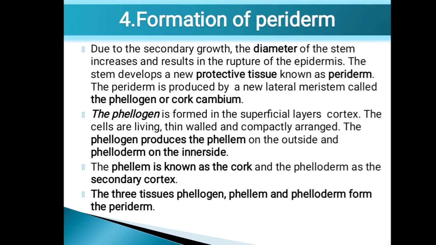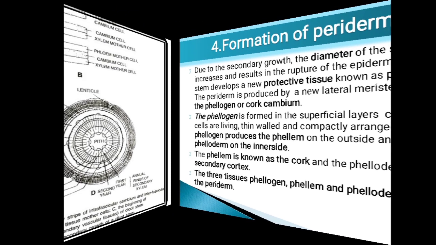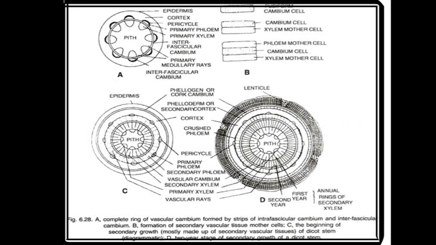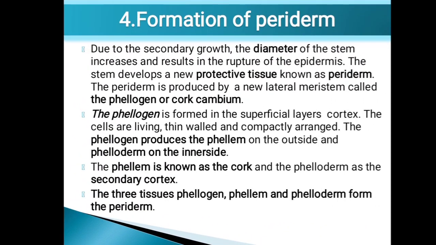So here you can see the development of the phellogen or the cork cambium. As a result, the cork is developed. Now the phellogen, which I told you is nothing but a cork cambium, is formed in the superficial layers of the cortex. The cells are living, thin-walled, compactly arranged, and this phellogen produces the phellum on the outside and phelloderm on the inner side.